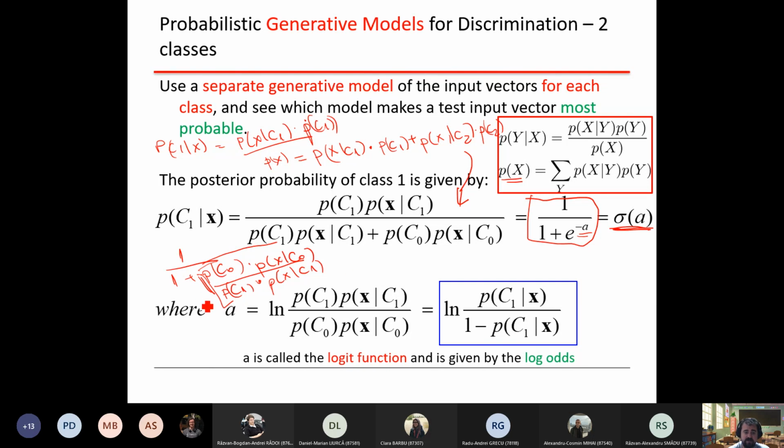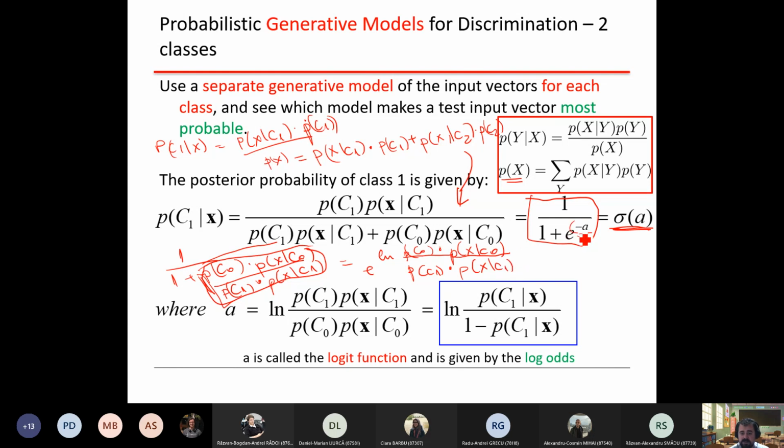Since we have a minus in front, it means that we'll have to invert the fraction. I'll consider only this term from now on. This term equals e to the logarithm of P of C0 multiplied by P of X given C0, divided by P of C1 multiplied by P of X given C1.